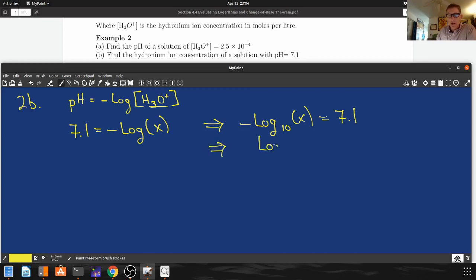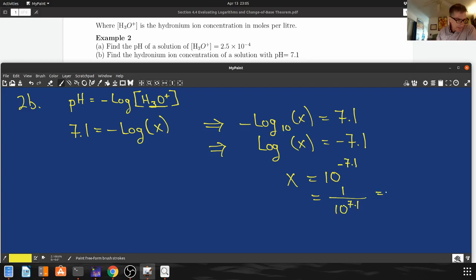That gives me log, and here I just wrote the base 10 to remind you, of x is equal to minus 7.1. So what is x equal to? x is equal to 10 raised to the minus 7.1 power, which, if you remember your exponents, is 1 over 10 raised to the 7.1.